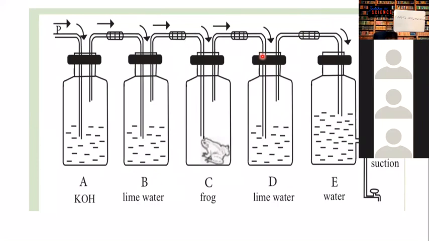You can replace the frog with green plants, put germinating green grams or green plants instead of frog. Then you can conclude carbon dioxide is released during respiration there. So instead of frog, just put green plants there. That is very simple, right?